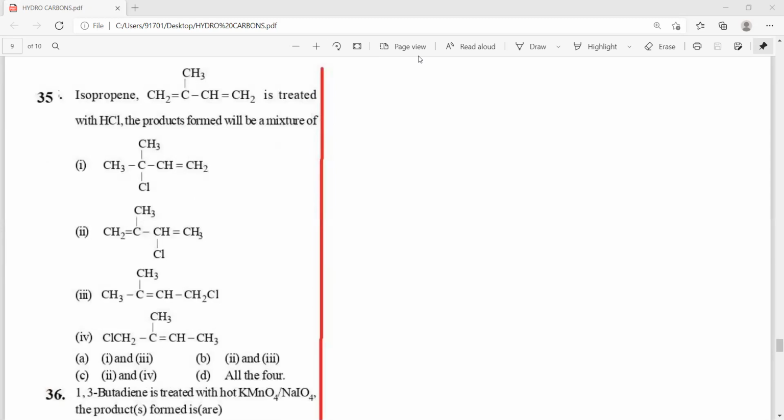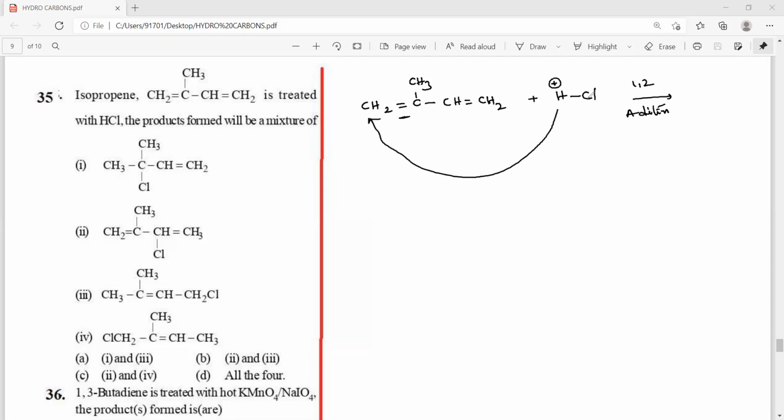See this, 1,4 addition reaction and 1,2 addition reaction, because it is a conjugated diene. So what are the possible products they are asking? Addition of HCl. If 1,2 addition, it is the more substituted double bond, so the addition will take place here and produce a more stable carbocation intermediate.